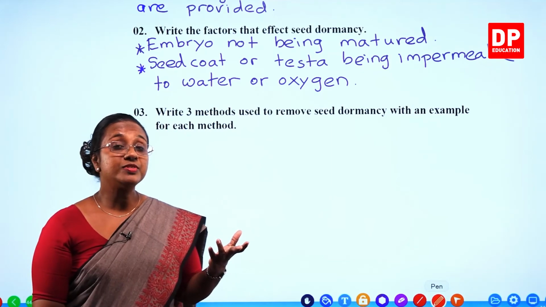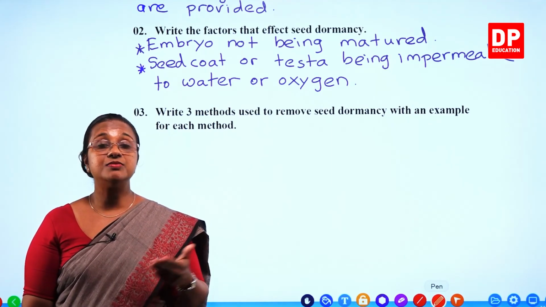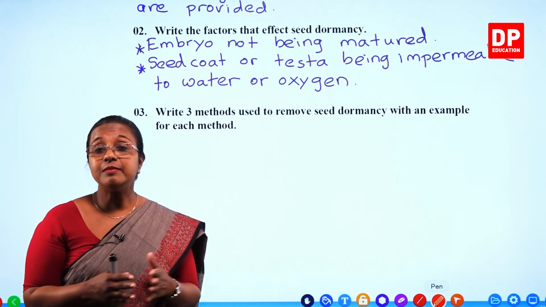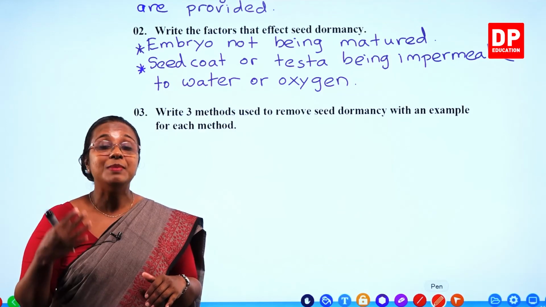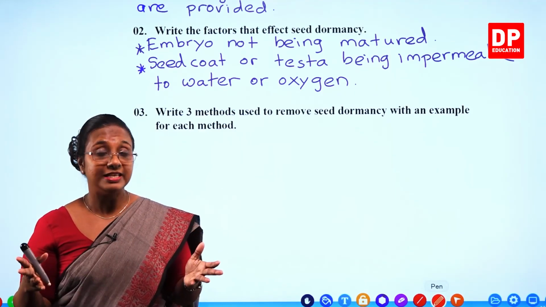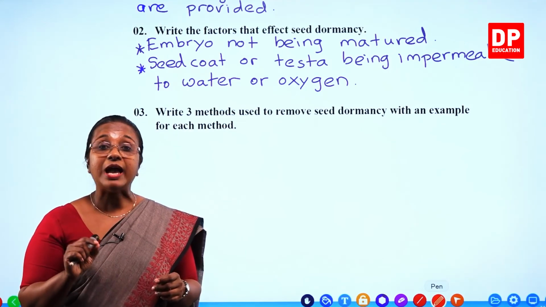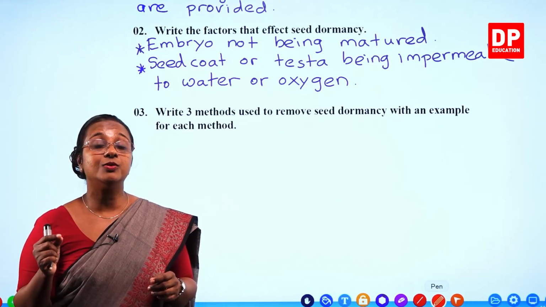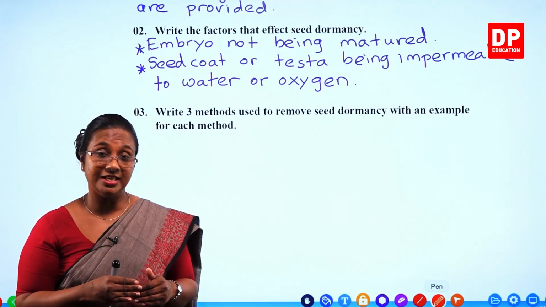So, to remove seed dormancy, what can we do? We can store the seeds for little time. So, that can be done with any seeds. Then we can burn the villi on the seeds. That is done for teak seeds. Then you can remove the seed coat or the testa. That is done with orange seeds.